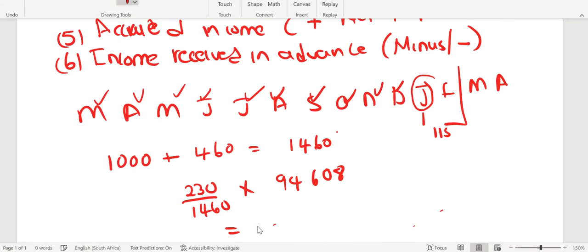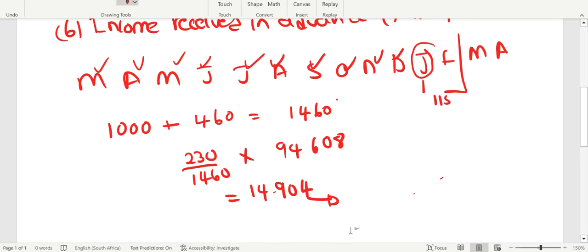This must be subtracted. Why? Because this income was received in advance. Remember I said when income is received in advance we minus, so we're supposed to minus that 14,904 from our workings.